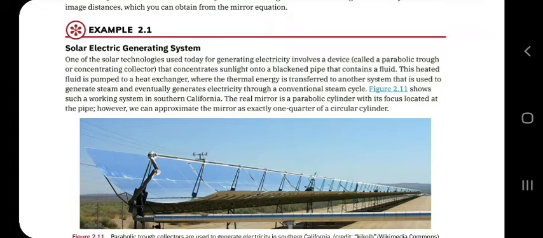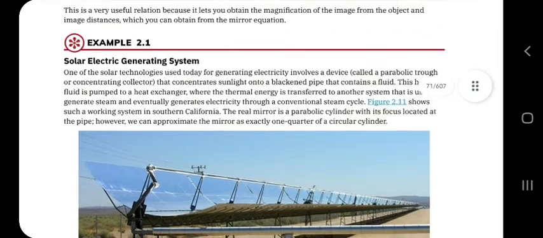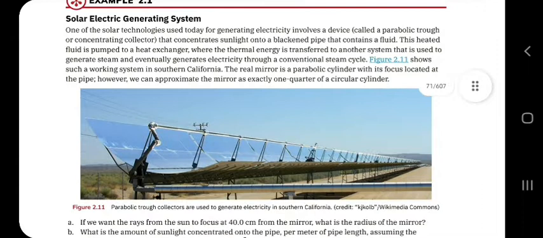This heated fluid is pumped to a heat exchanger where the thermal energy is transferred to another system that is used to generate steam and eventually generates electricity through a conventional steam cycle. Figure 2.11 shows such a working system in Southern California.